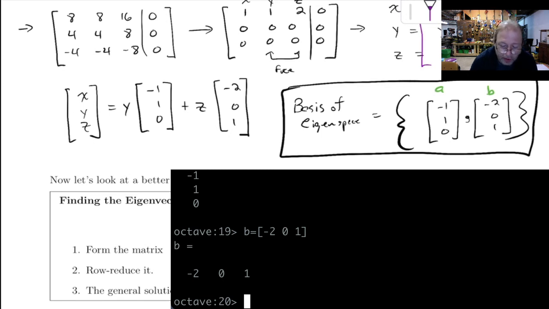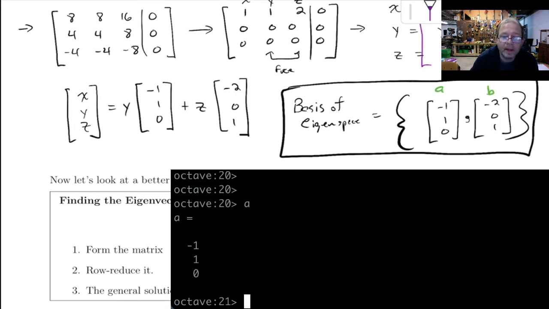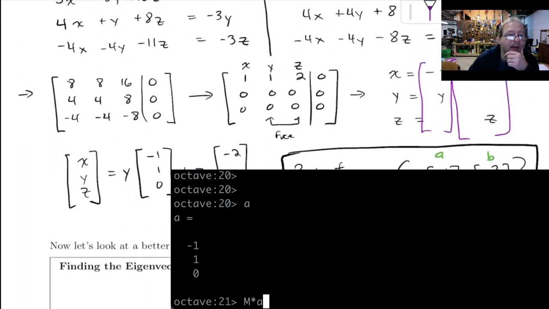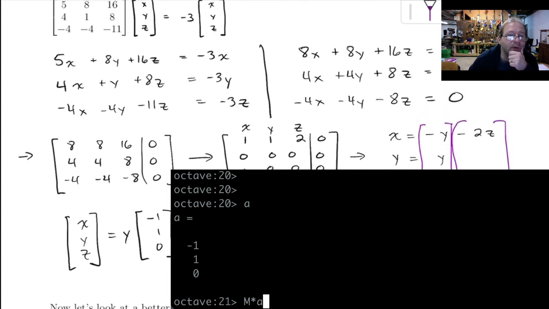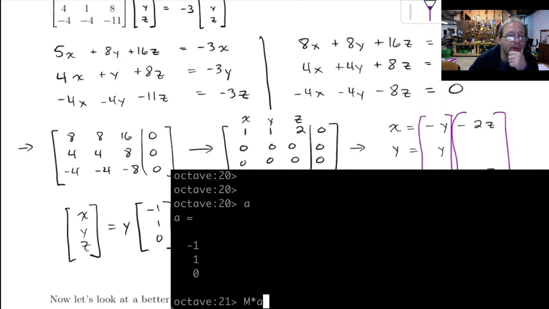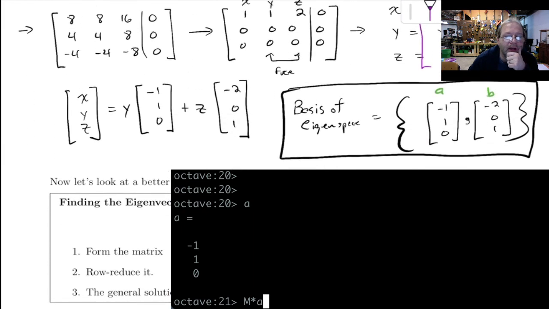If I take M and multiply it by A, since the eigenvalue we're looking for here was -3, when I multiply this out, it should give me this vector here multiplied by -3.